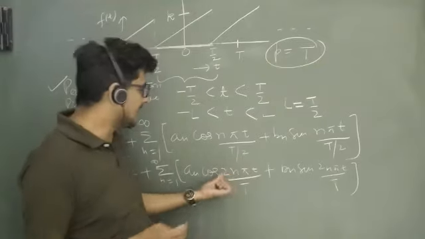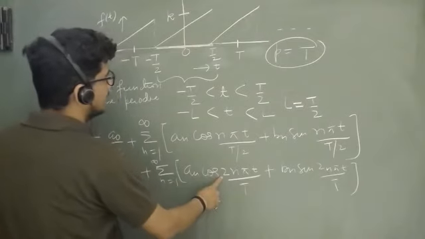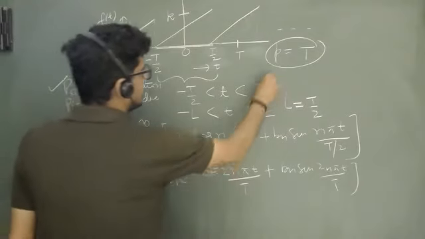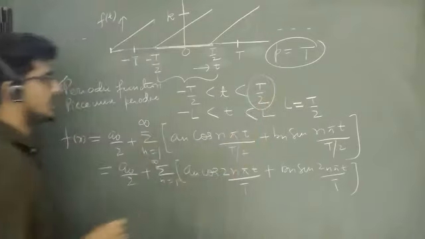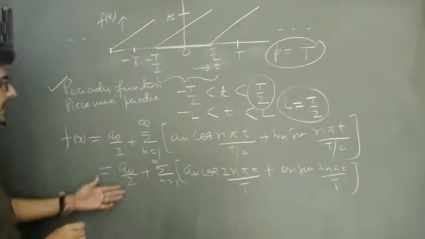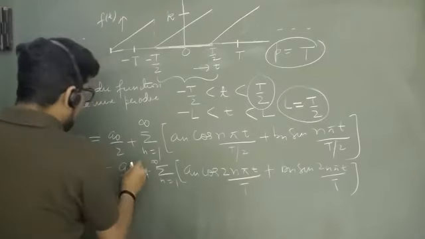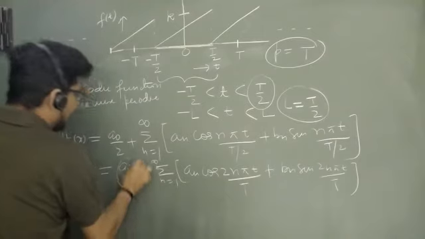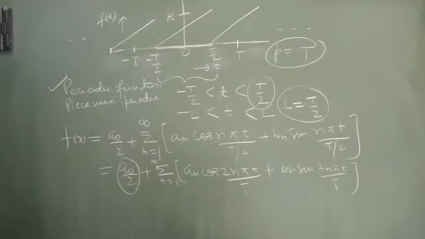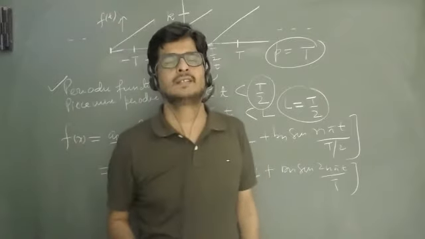You can see that it is 2n pi t, and this 2 is coming from L equal to T by 2. So as soon as you do this, 2 options are gone. And as soon as you calculate the first term, you are on the right option.